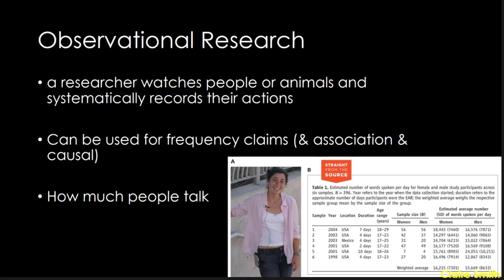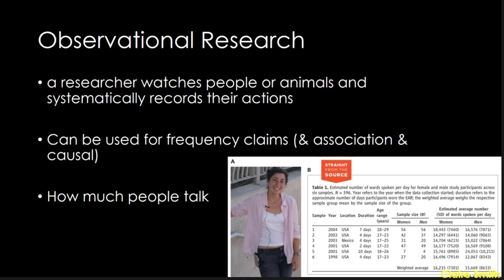With observational research, a researcher watches people or animals and then systematically records their actions. Okay, so this can be used for frequency claims, obviously, but also association and causal. So we're going to talk mostly about frequency claims because it's a little more straightforward, but any type of claim can be given using observational research.